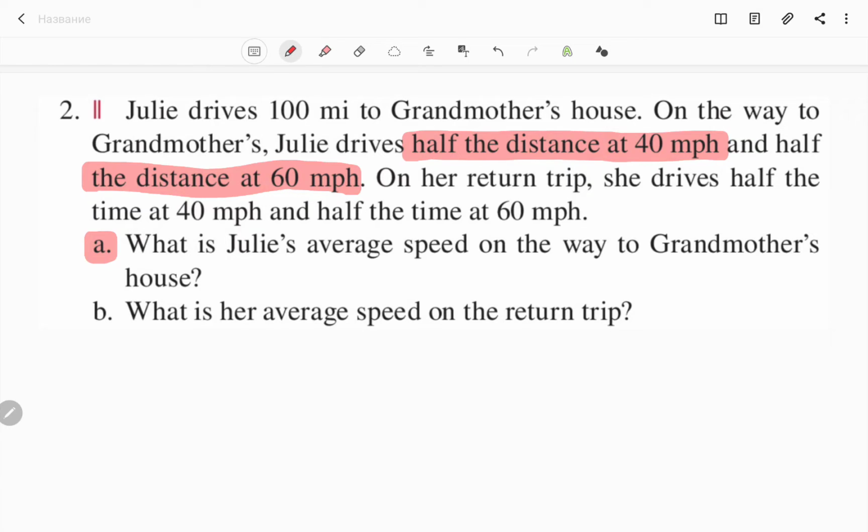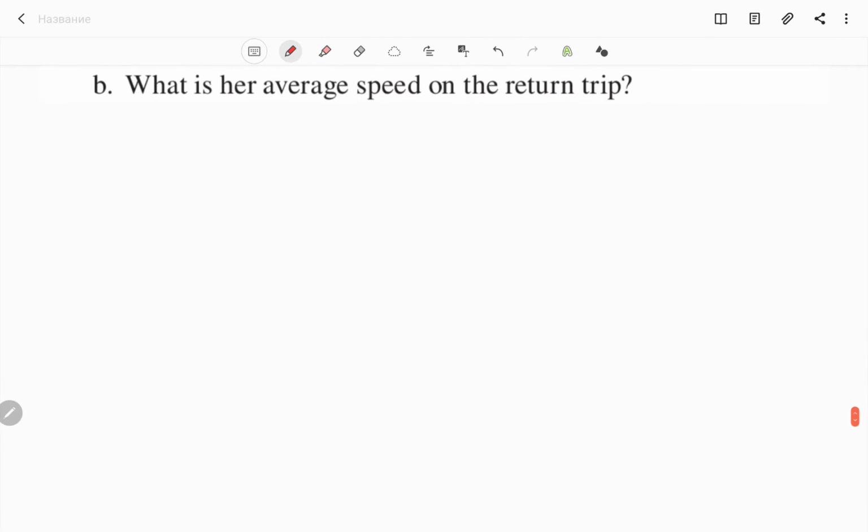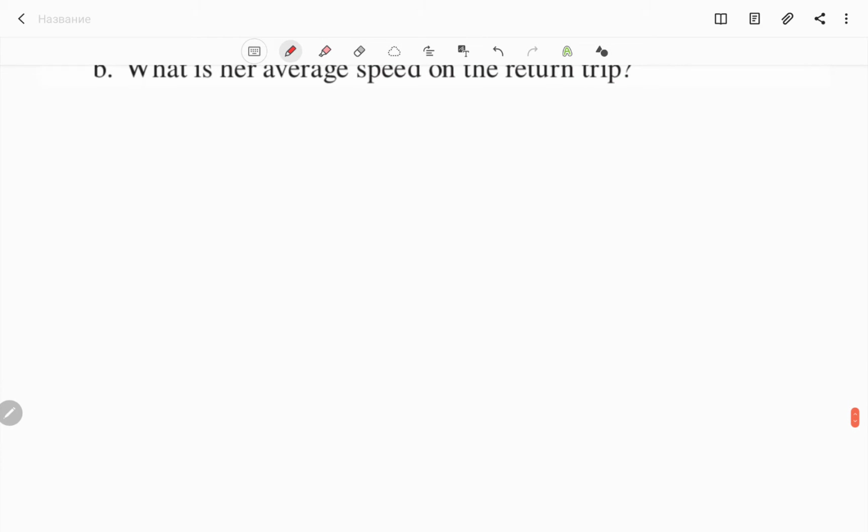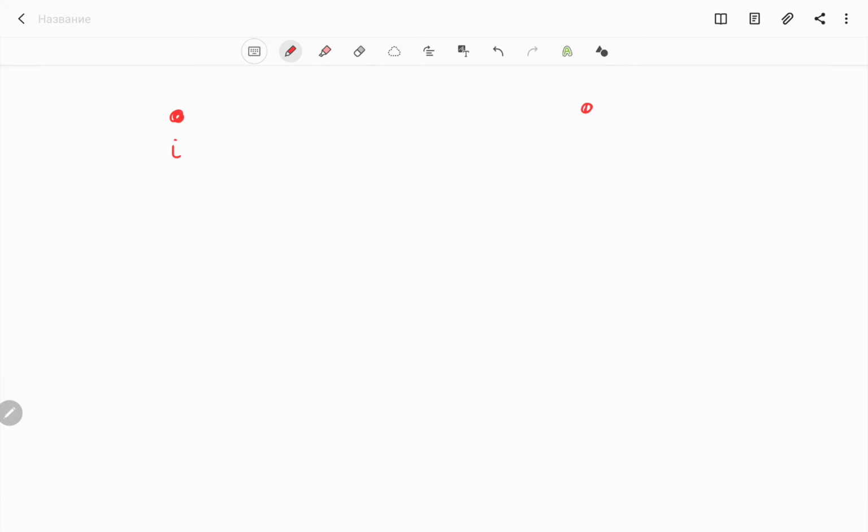So this is one of the simple questions. Let's do it. First let's draw a motion diagram: starting point, initial point, final point. Yes, grandmother's house. Total distance between these two points is 100 miles.